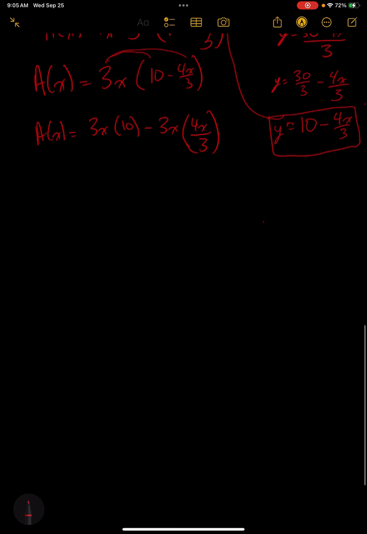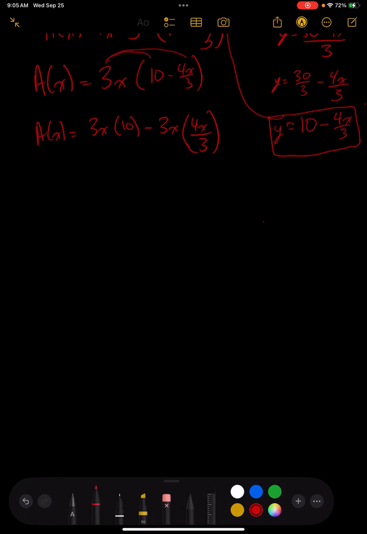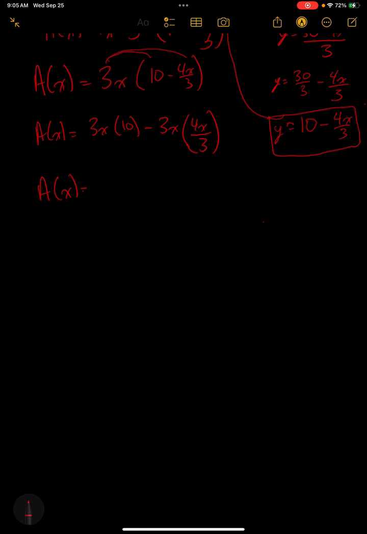That leaves me with A of x equals 30x minus 4x squared. We cross out the 3 because 3 divided by 3 is 1. So let's rearrange it: A of x equals minus 4x squared plus 30x.